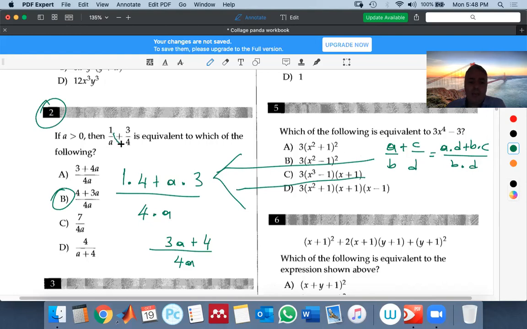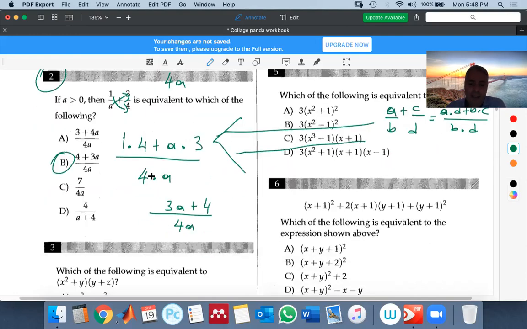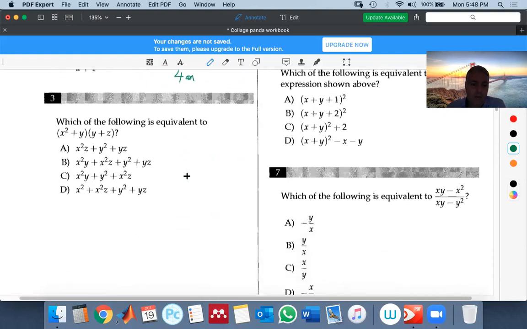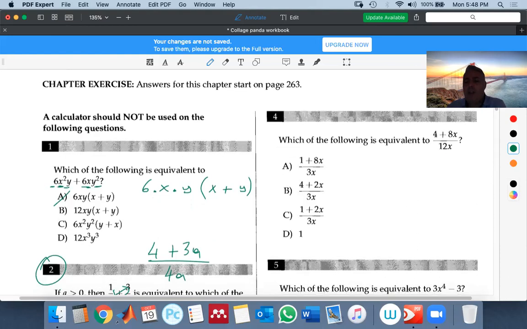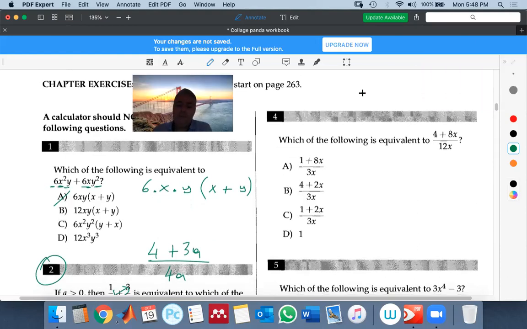So 1 times 4, 4, plus 3 times A, 3A, all over 4A. Okay, easy. This is also easy, no need. What about 4? Can you solve 4 quickly? Even this.